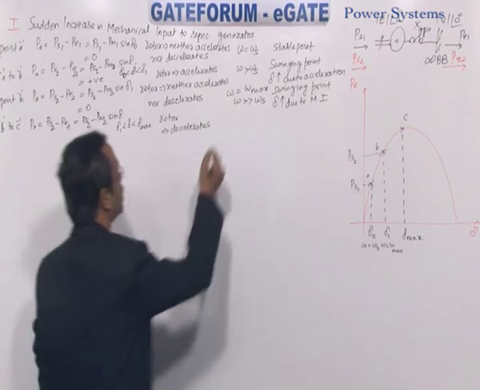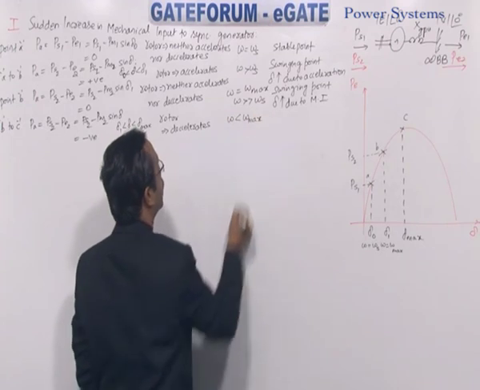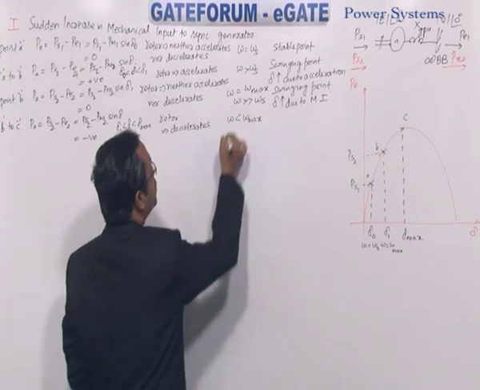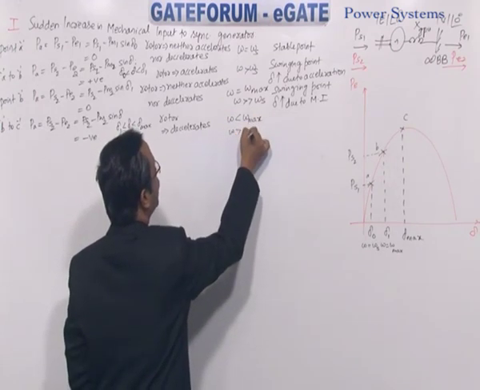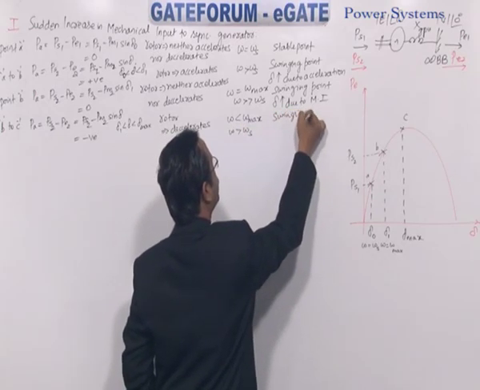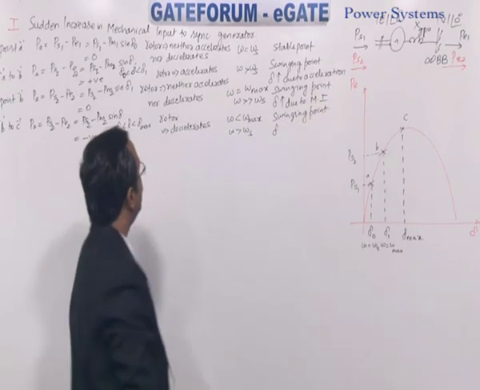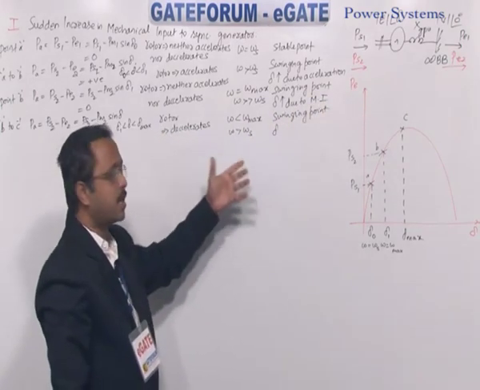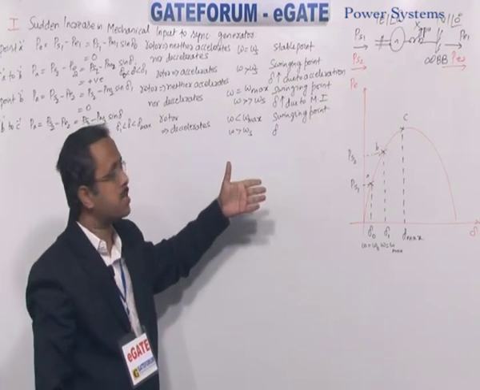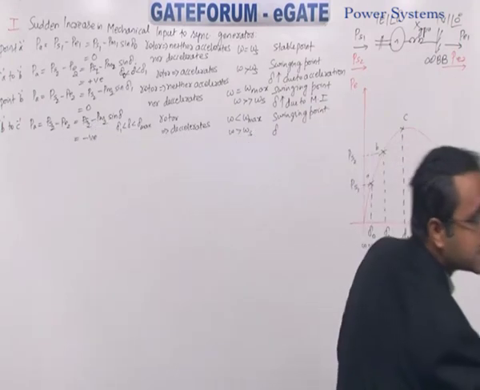So if the rotor decelerates, what about omega? Less than omega max, but still it is greater than omega s. So again it is a swinging point. Then what about delta? Due to deceleration, delta will not decrease, because omega is still greater than omega s.